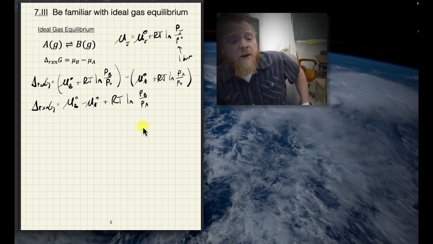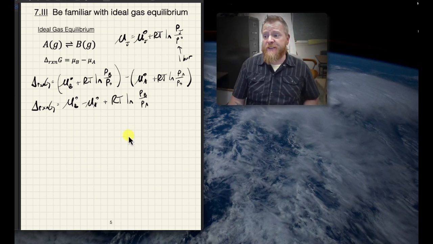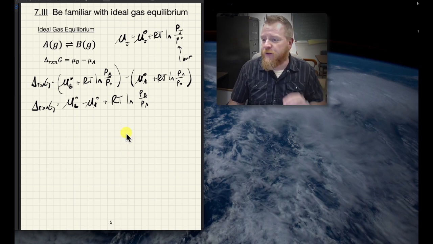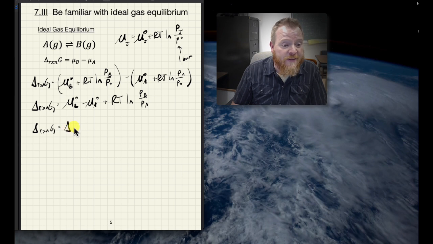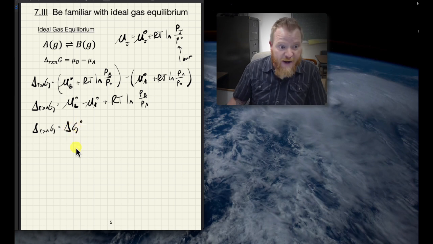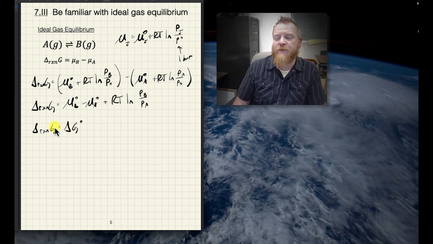Let's keep going. One more algebraic step to do. So delta G reaction, and now this quantity mu B minus mu A, I'm just going to write as delta G standard.